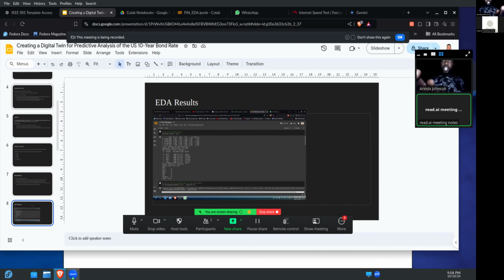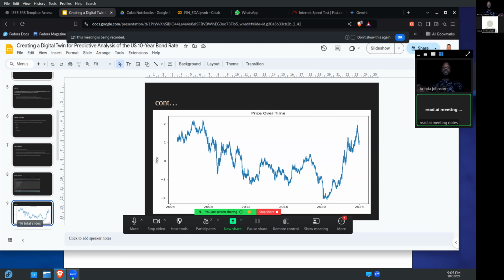These were the EDA results. Of course, this one is not clear, but it was to show you some of the features that were in my data. These were the time series of how my data is spread from 2004 to 2024.